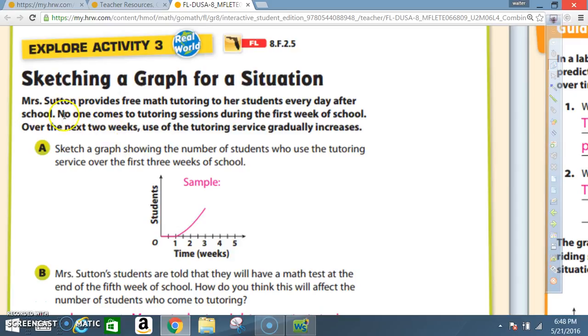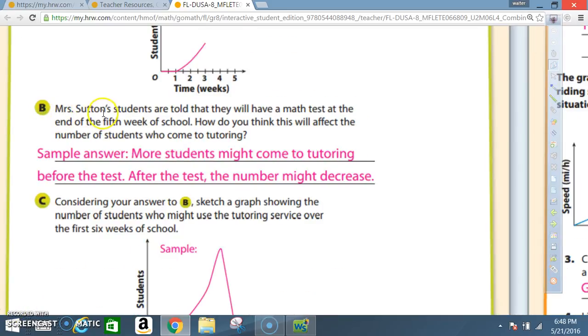So no one comes to tutoring sessions during the first week of school. So during that first week, the number of students is at 0. But over time, the number of students begin to increase. All right, so this is one version of how your graph can look. Mrs. Sutton's students are told that they will have a math test at the end of the 5th week of school.